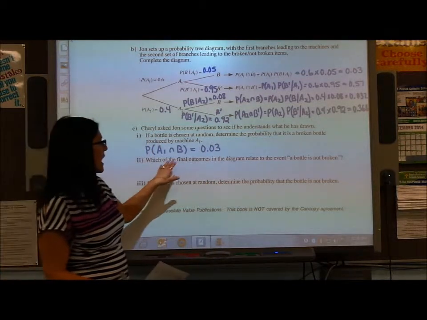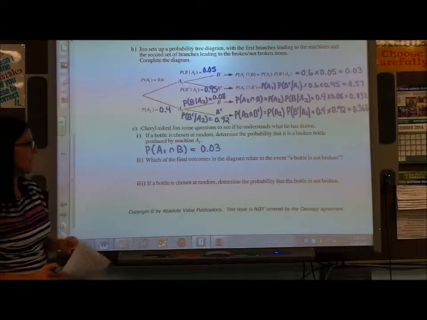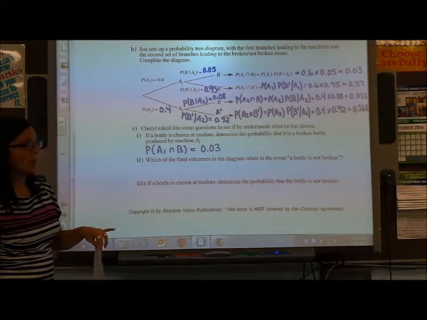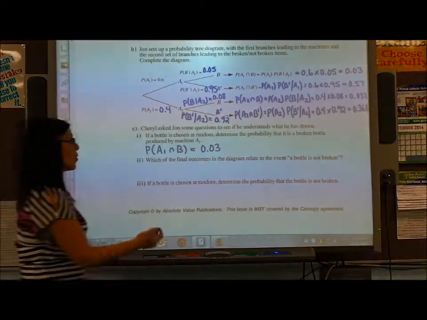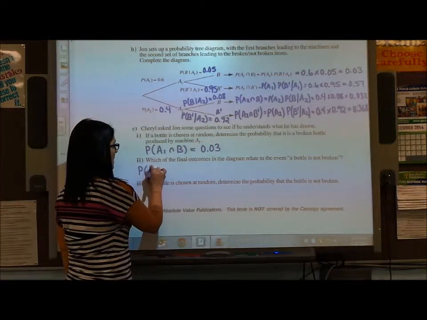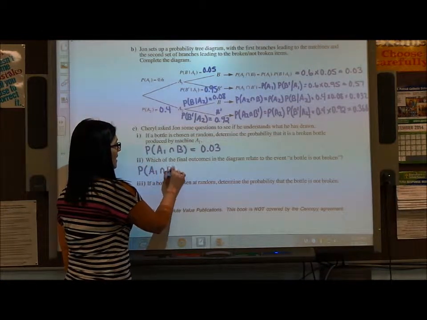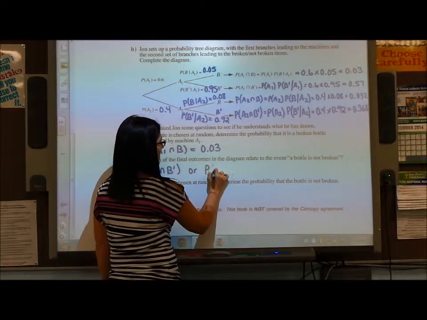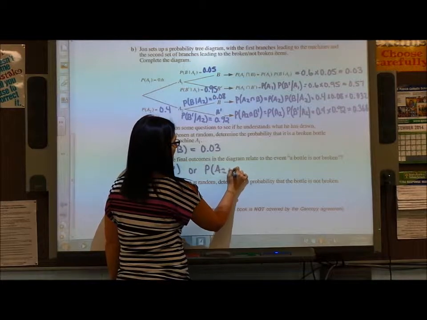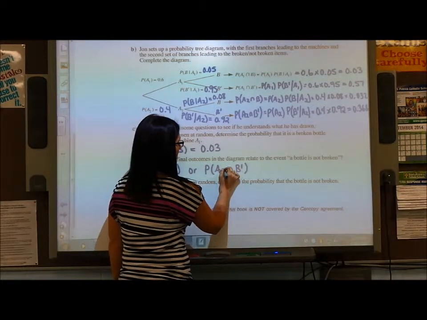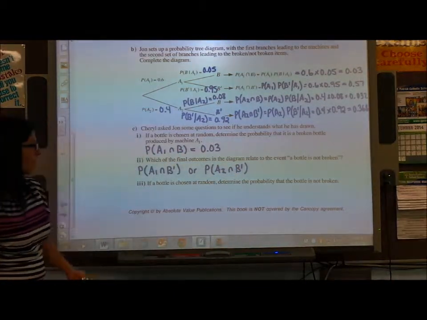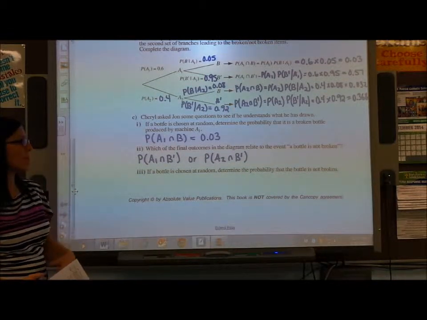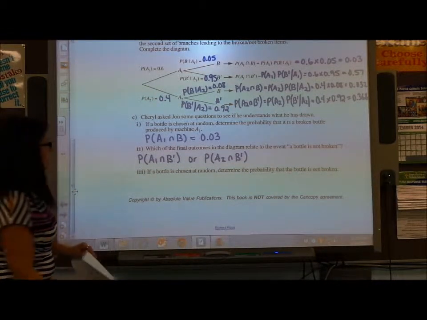Which of the following outcomes in the diagram relate to the event a bottle is not broken? Well, the events in which a bottle is not broken are the probability that it came from the first machine and it's not broken, or the probability that it came from the second machine and it's not broken. So if a bottle is chosen at random, determine the probability that it is not broken.